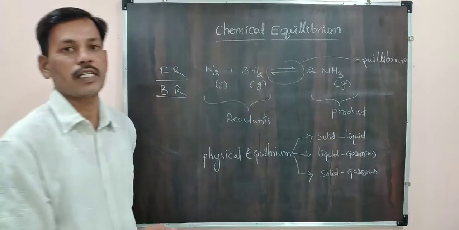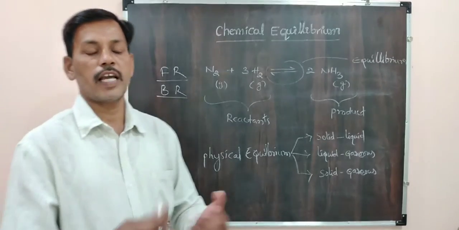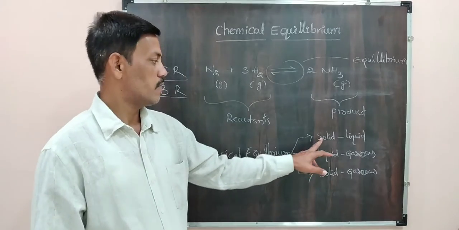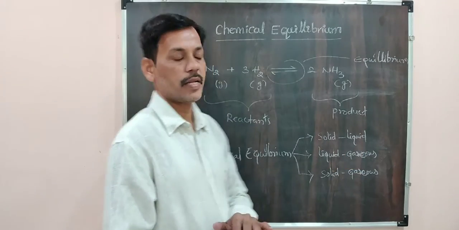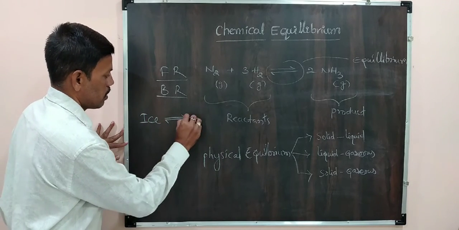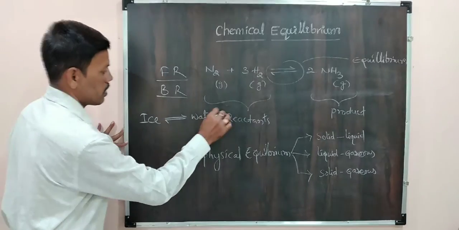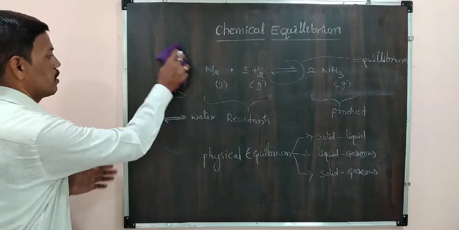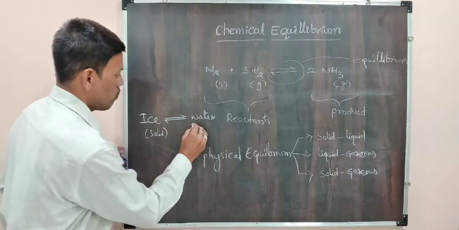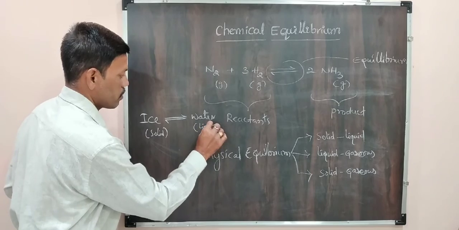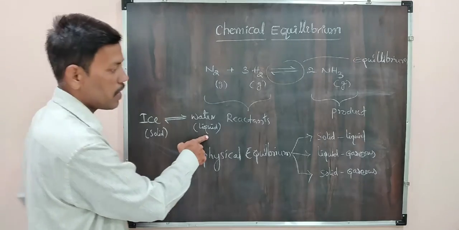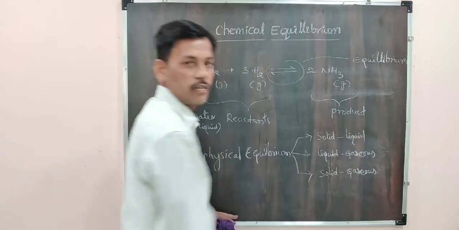Generally in physical processes, we have evaporation and condensation processes. If we take solid and liquid equilibrium, see friends, here ice and water. This ice is in solid form, whereas water is in liquid form. We are discussing solid liquid equilibrium.